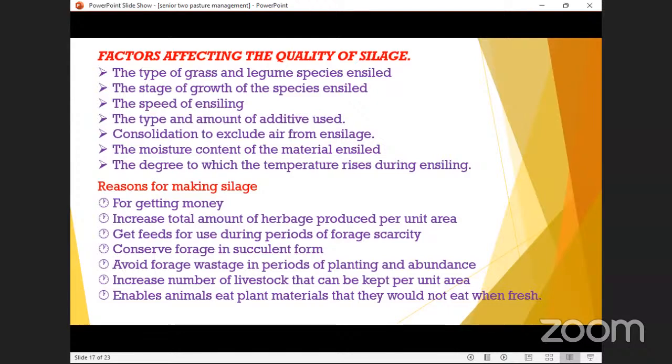And then the type and amount of additive used. Have you used molasses and urea? How much quantity have you put inside? Because these ones help to appetize the animals.